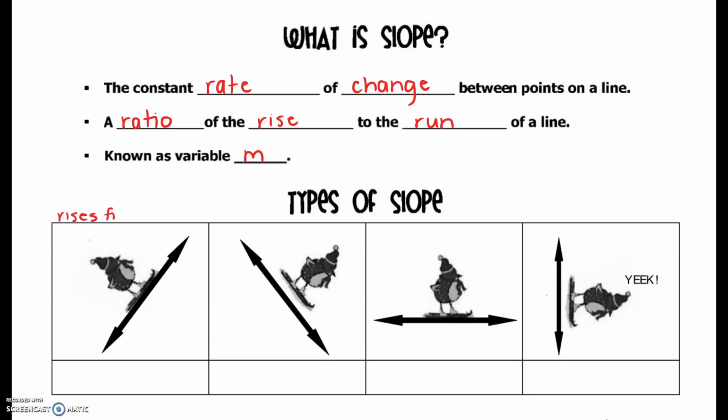Rising from left to right has a positive slope. So a line that rises from left to right has a positive slope. A line that falls from left to right has a negative slope.